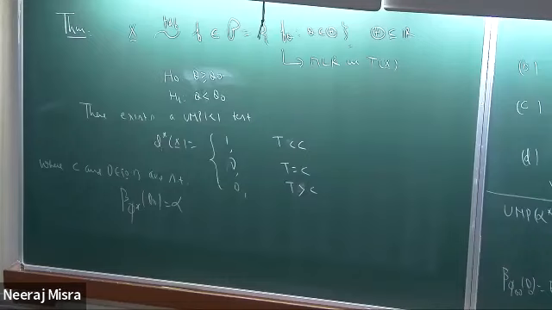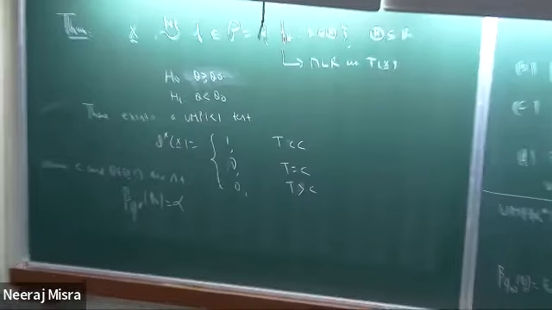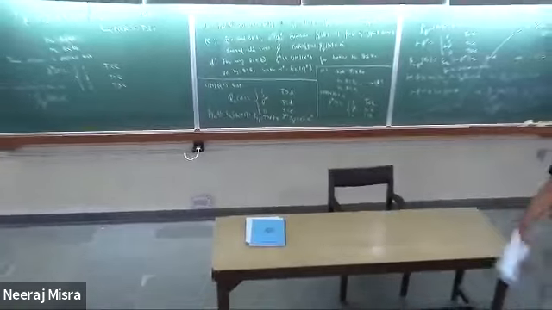So this tells you how to find uniformly most powerful tests in situations where you have a monotone likelihood ratio property. One strong family of distributions which has a monotone likelihood ratio property is the one parameter exponential family. Your negative binomial, Poisson, binomial, geometric, normal, gamma, exponential, everything is covered under exponential.